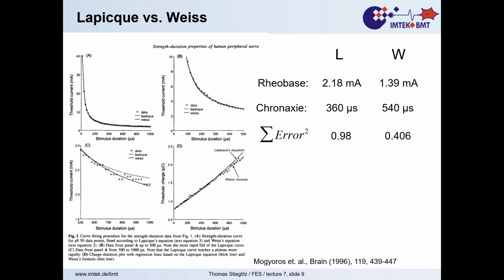Yes, you have differences in there, but if you consider the electrodes and the variability between today and tomorrow and patient A and patient B, all those variations would be much more severe than the deviations between those two models. So I would say 1 over x is good enough for a first round of approximation, to get an idea.